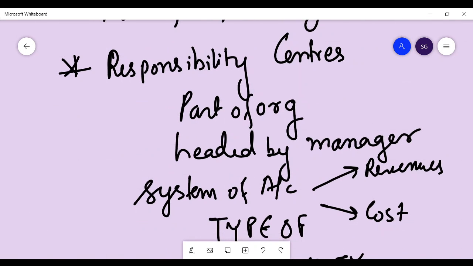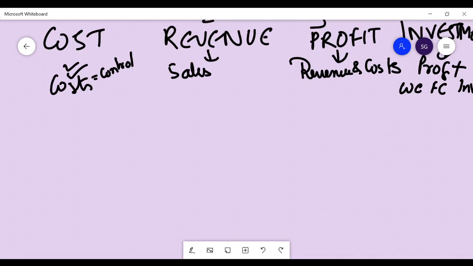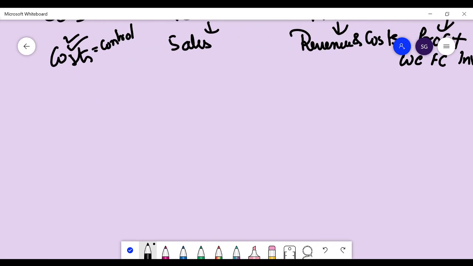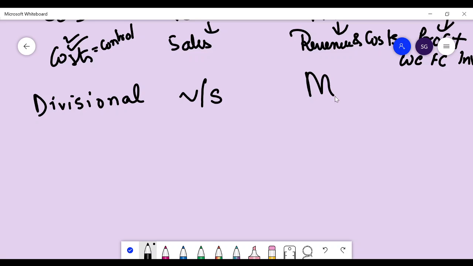Next, we have the difference between reporting of divisional versus managerial performance.